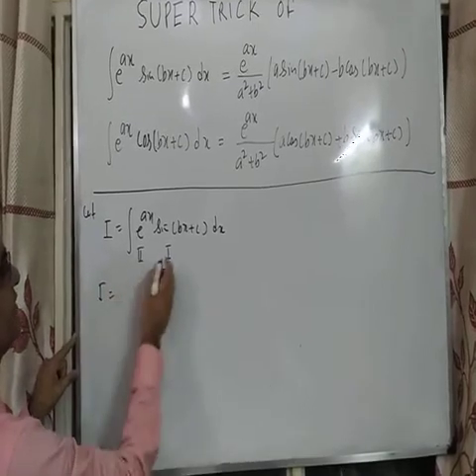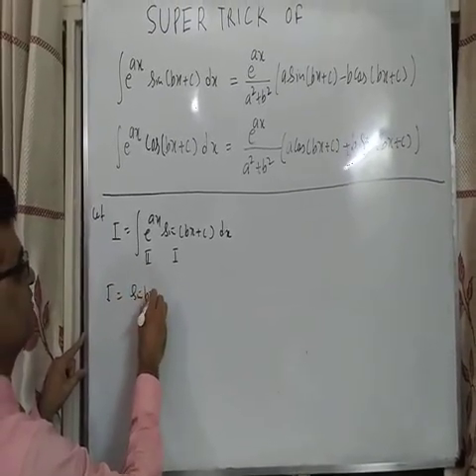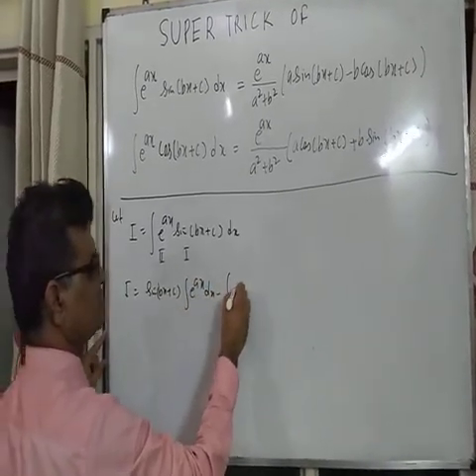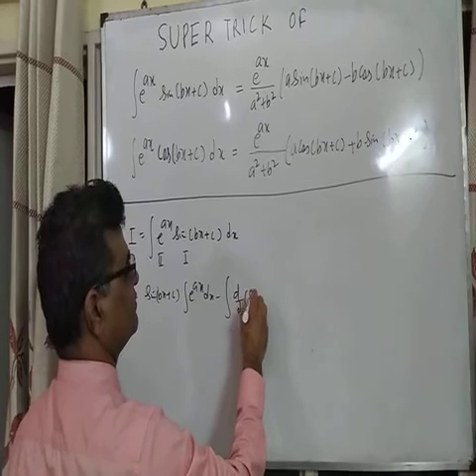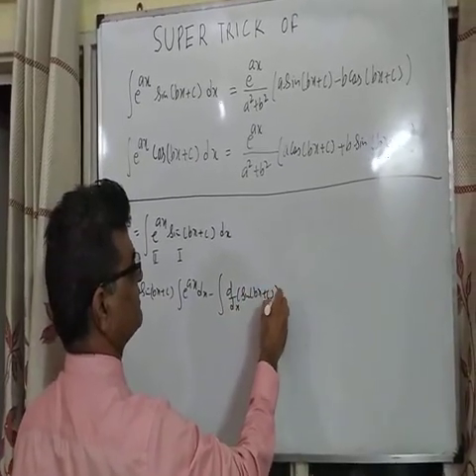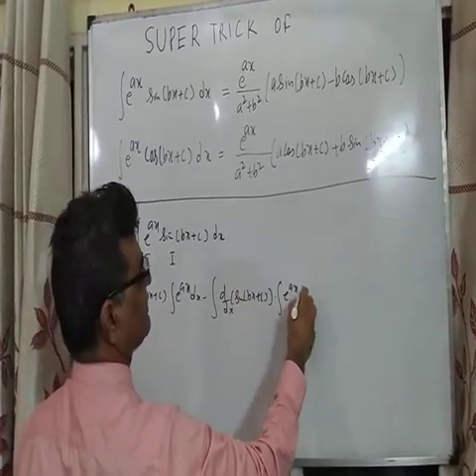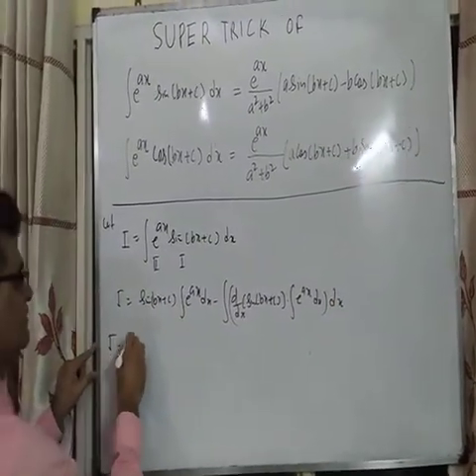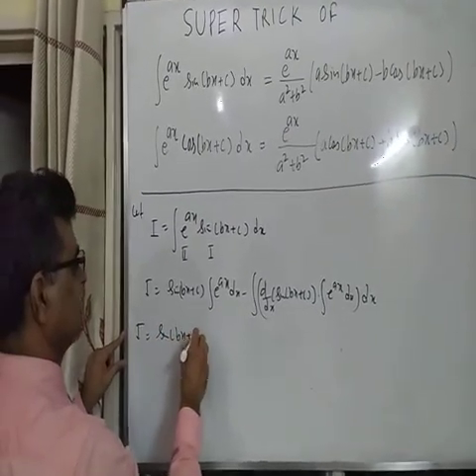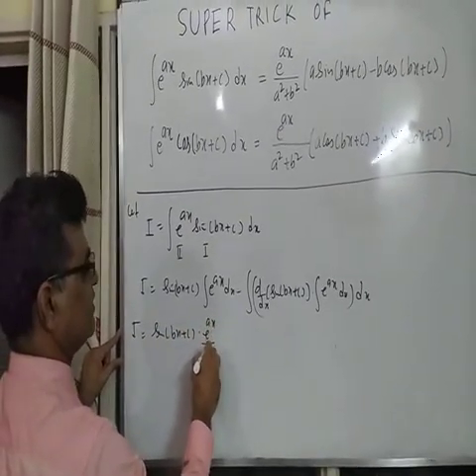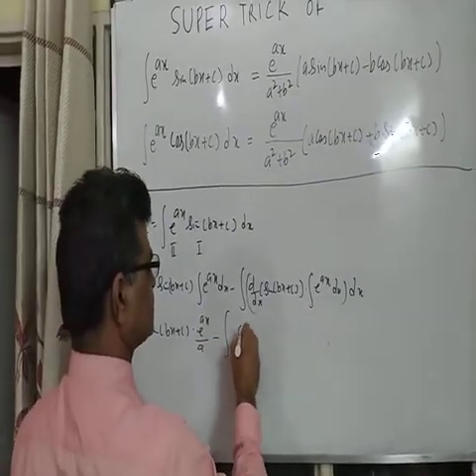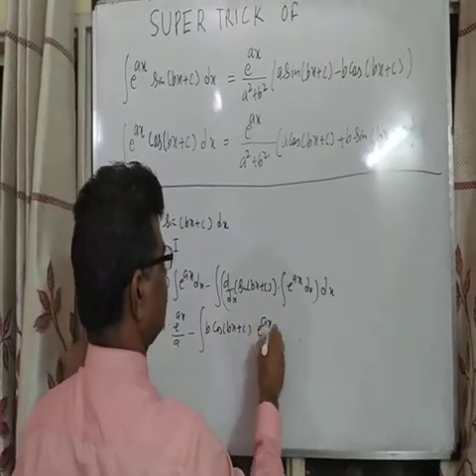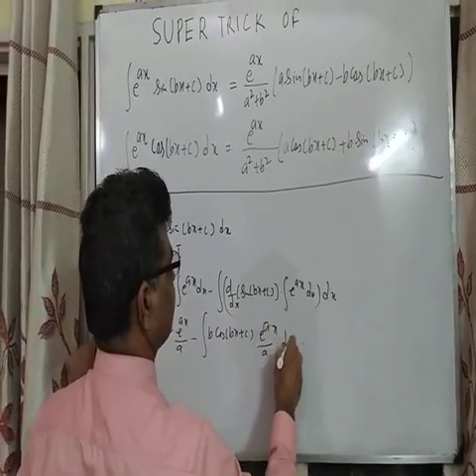So I, as per this formula, is sin(bx plus c) times the integration of e to the power ax dx, minus the integral of the differentiation of sin(bx plus c) into the integration of e to the power ax dx. So you can see that it is sin(bx plus c) times e to the power ax upon a, minus the integral of cos(bx plus c) into b, again times e to the power ax upon a, dx.